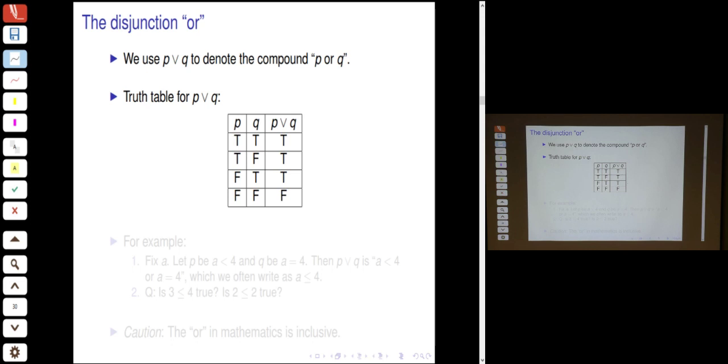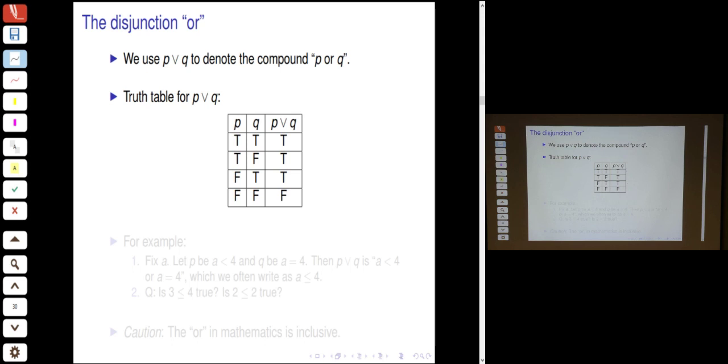If at least one of them is true, the compound is true. So suppose both P and Q are true, then P or Q is true. If P is true, the compound is true. If Q is true, the compound is true. In other words, there is only one case where the compound is false, which is when both P and Q are false.